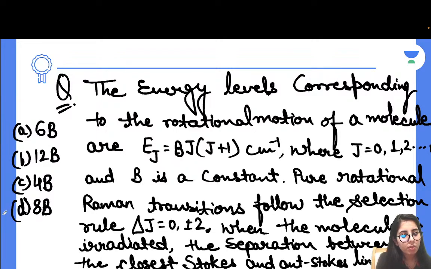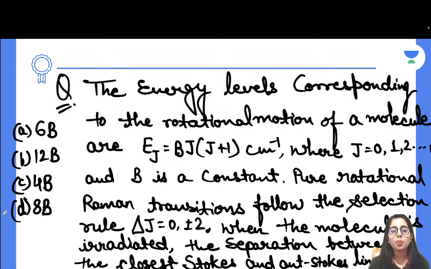Now, in this case, we are going to do a discussion which will help you answer any such type of question quickly. First of all, it's talking about the Raman spectra, Raman transition. What will happen in this case? You need to know that we are going to have the Rayleigh line at the center.